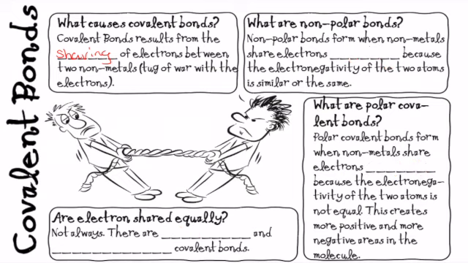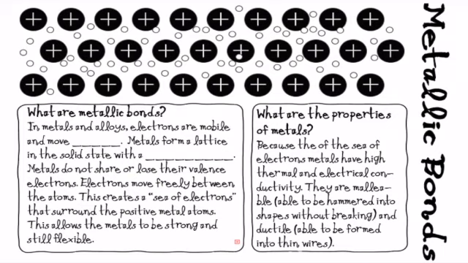Nonpolar bonds form when nonmetals share electrons equally, because the electronegativity of the two atoms is similar or the same. Polar covalent bonds form when nonmetals share electrons unequally. Because the electronegativity of the two atoms is not equal, this creates a more positive and more negative area in the molecule.